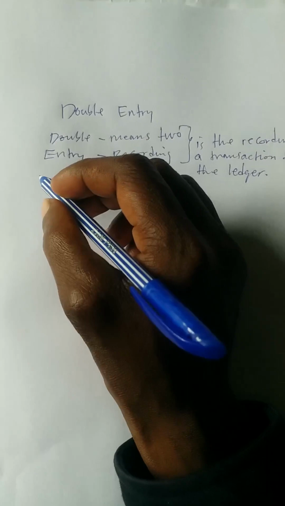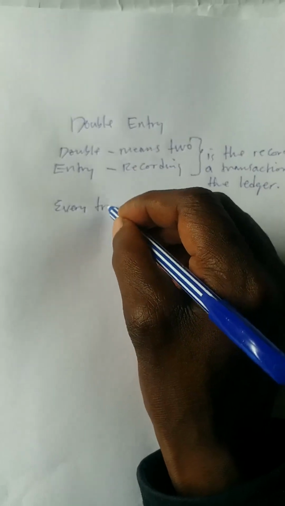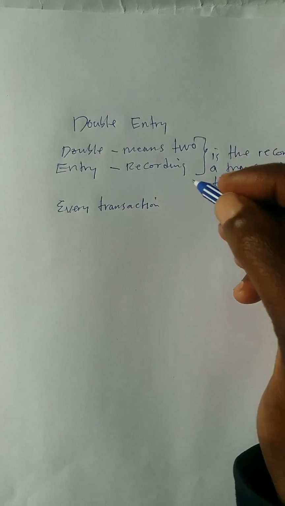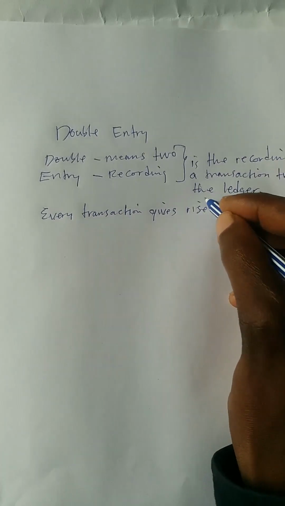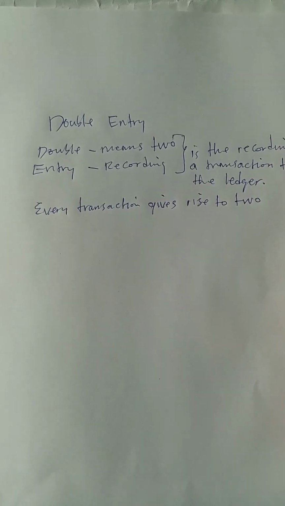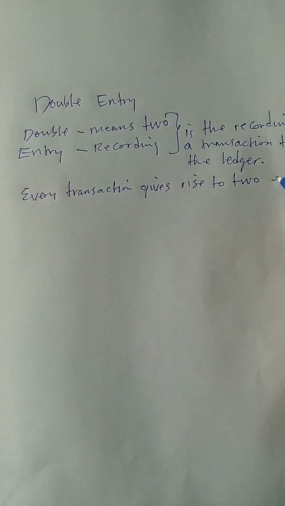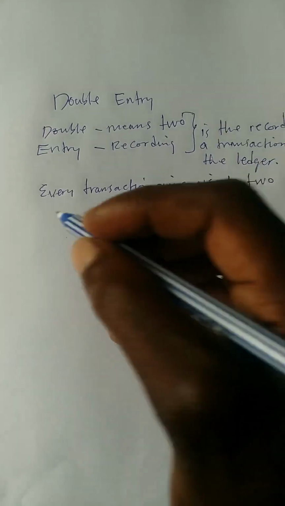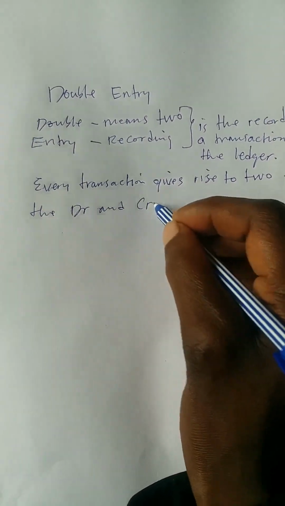Every transaction gives rise to two entries: the debit and the credit.